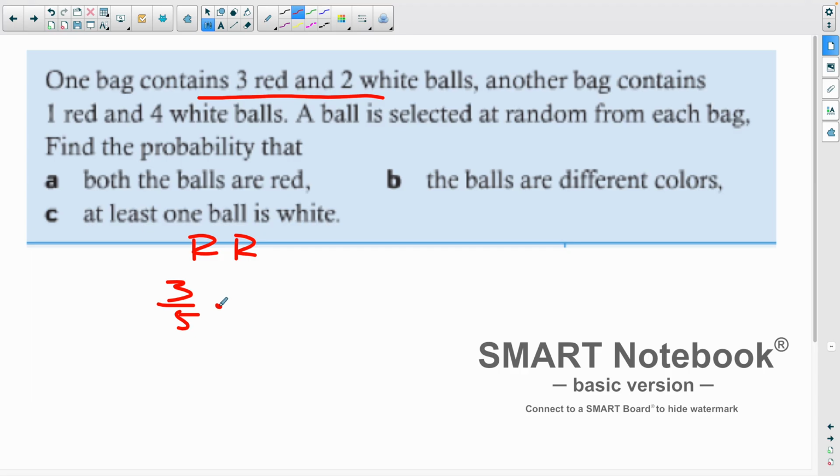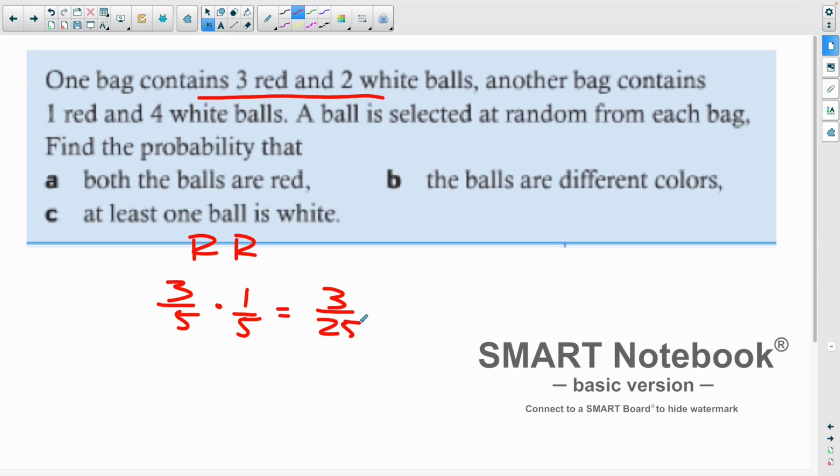Times, what's the probability of getting red out of the other one? 1 out of 5. So the probability of drawing red, red would be 3 out of 25. Okay? So since they're independent events, we find the probability of each one, we multiply them together, and that gives me the probability that they both happen.